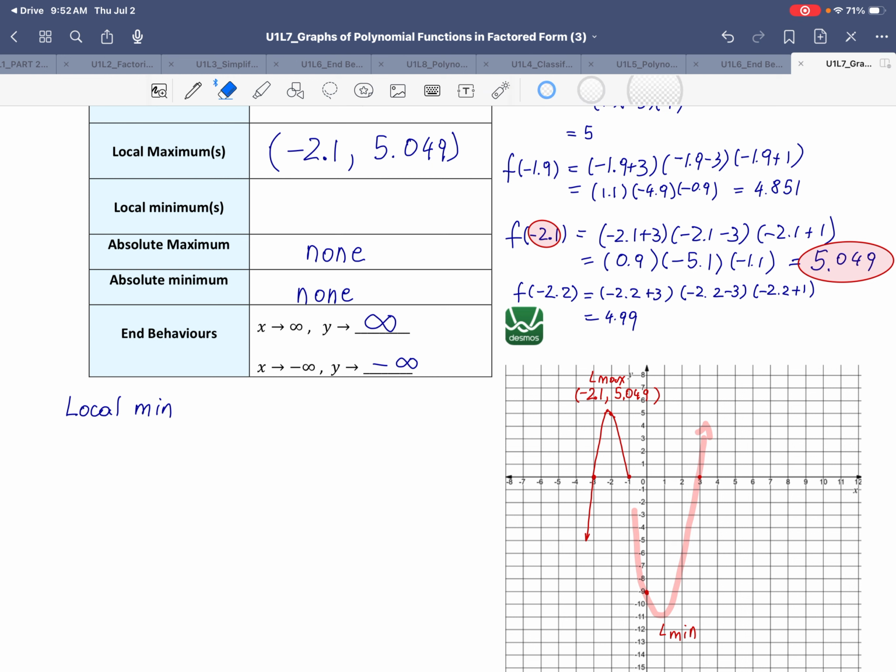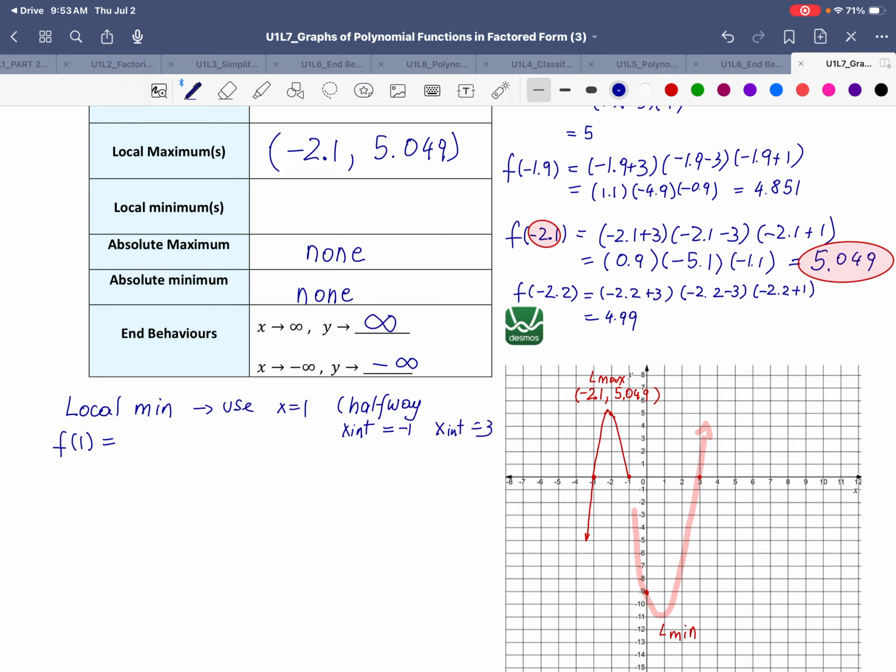Now, at x equals 1, we're going to use x equals 1 as our guiding point, which is halfway between the x-intercept of negative 1 and the x-intercept of positive 3.